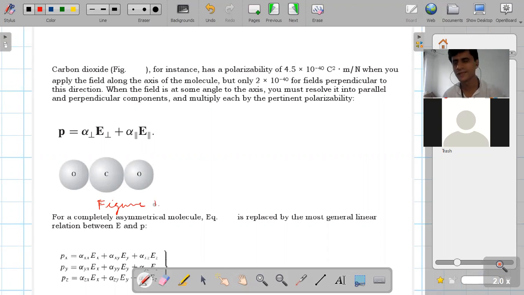One carbon and 2 oxygen. Carbon dioxide. I will use a laser pointer. See, this is the carbon dioxide molecule, and here I will write figure 1.